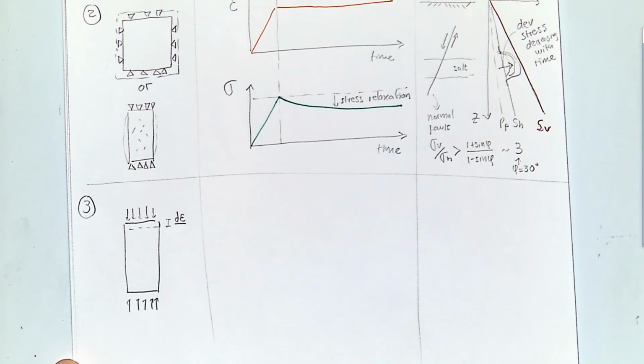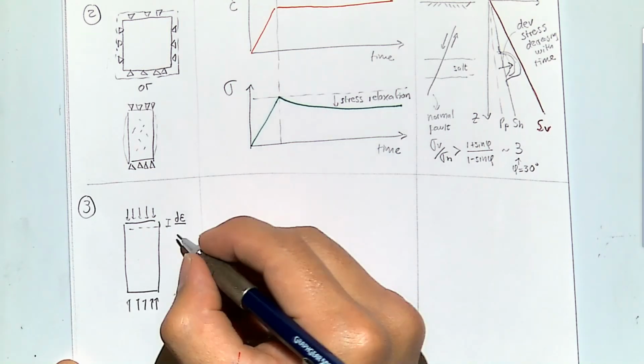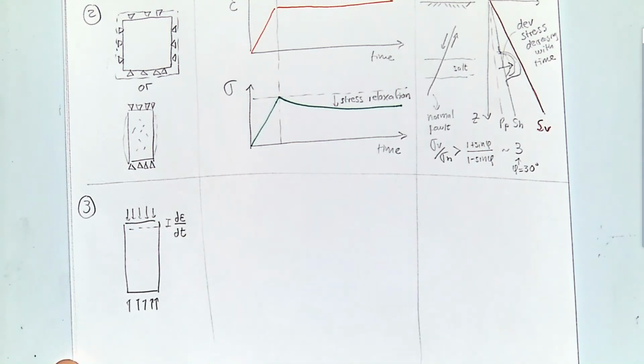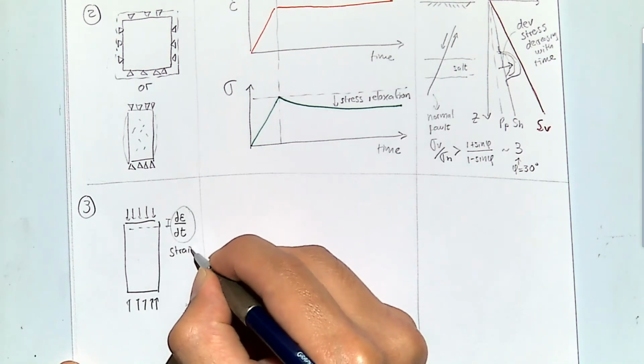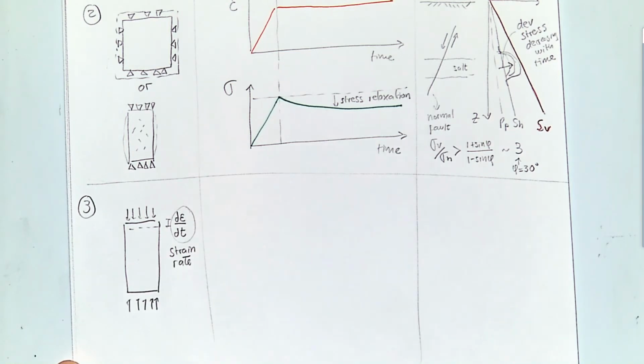But the variable that we're going to add now is time, and especially what is called strain rate, which means how fast you change strains.